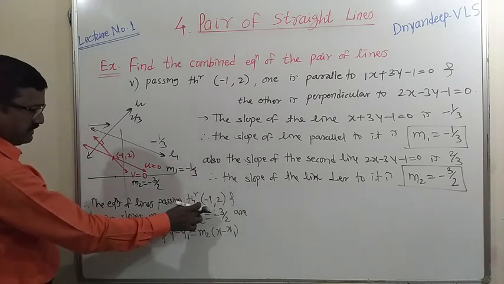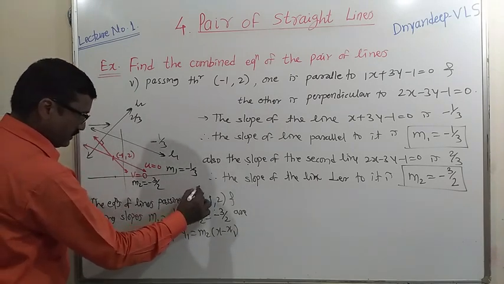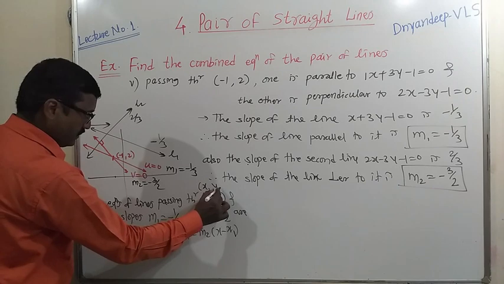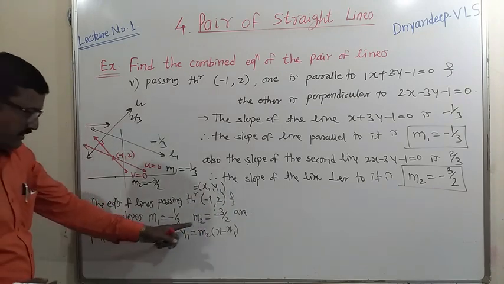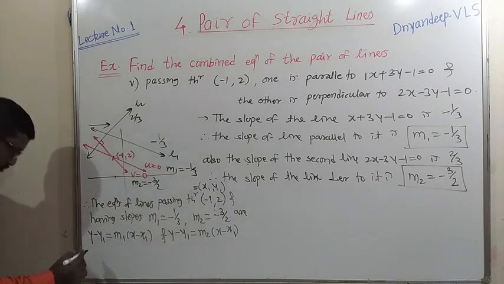Here our x1, y1 is (-1, 2), and m1 is -1/3 and m2 is -3/2. So use those values here.